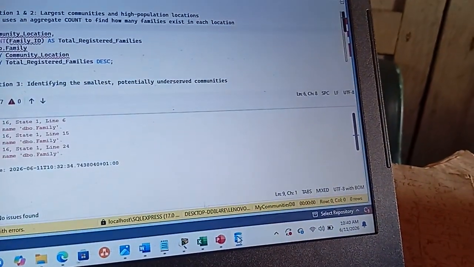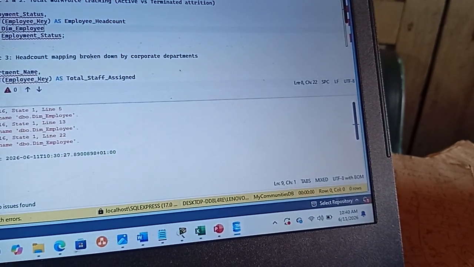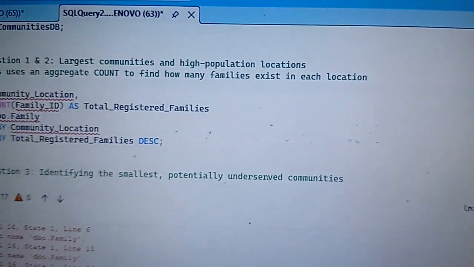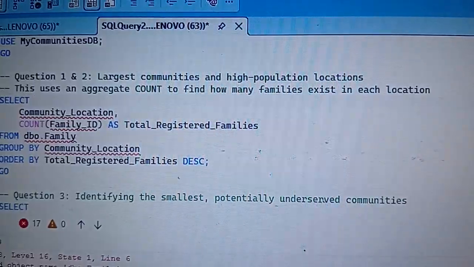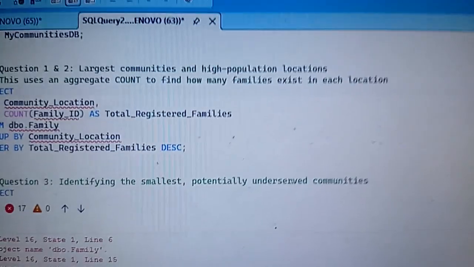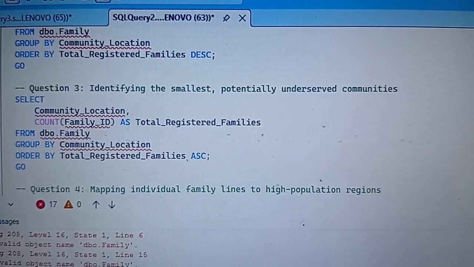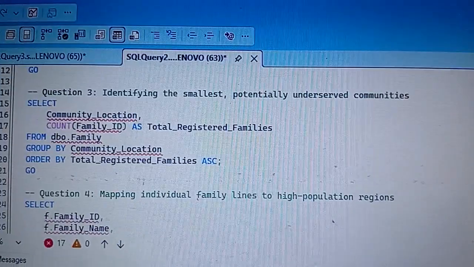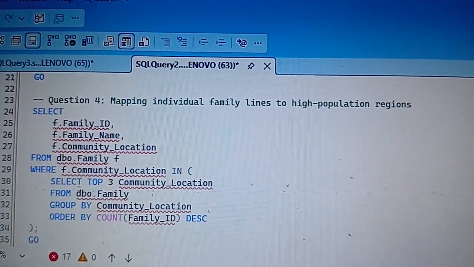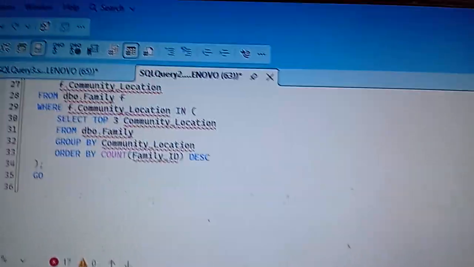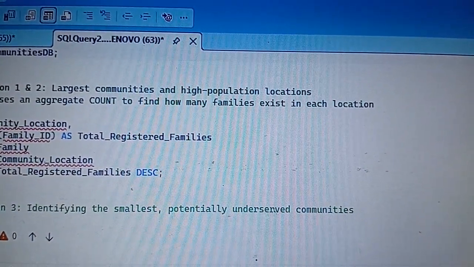If you look at it from here, as you can see here, SQL Server Management Studio.